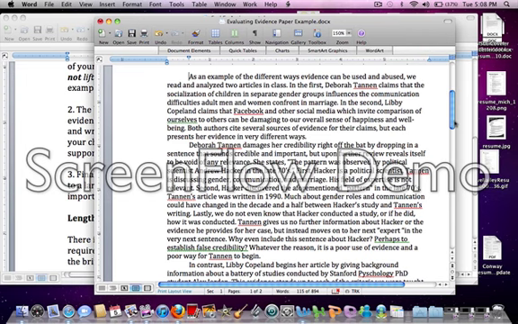I'm going to stop right here to explain a little bit about what I'm doing in this paper. So, first of all, notice that I pulled a direct quote from Tannen's article. When you use words directly from a source, it must be in quotations, otherwise it is plagiarizing. It's good to use direct quotes to illustrate the arguments that you're making. I don't just say the sentence reveals itself to be void of any relevance.